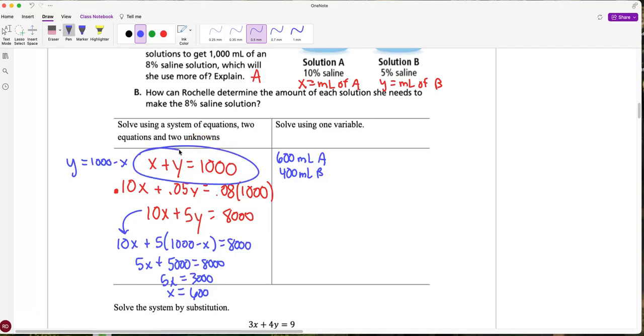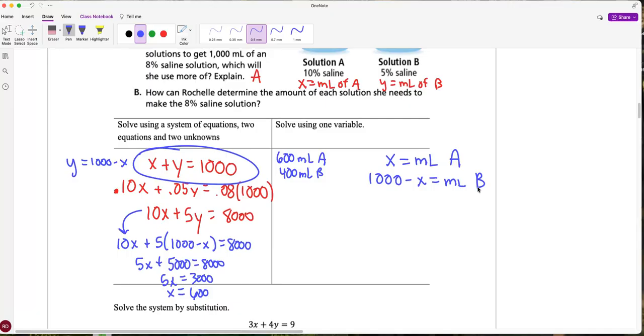I could do this in one variable. So if we did this in pre-algebra last year before we did two variable equations, we could have done this in one variable, because you know that if you could say x equals the milliliters of A, and you know that you're going to have 1,000 milliliters. So last year we would have done 1,000 minus x equals the milliliters of B. So I could have just used one variable there for this.